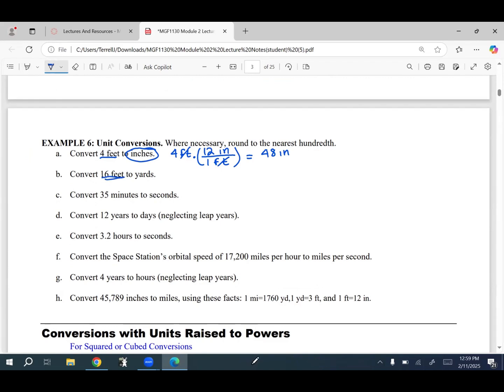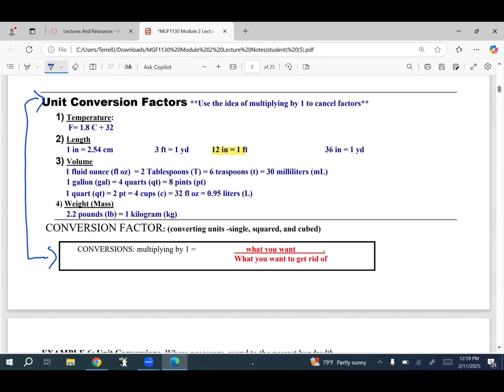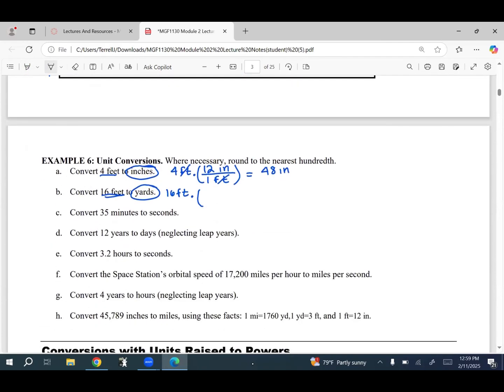Convert 16 feet to yards. So I start with what I'm given. I'm given 16 feet. And now let's look above for a conversion that has yards and feet. And that's right here. 1 yard is 3 feet. Or you can look at it the other way, 3 feet is 1 yard. So when I try to write this, I want feet to go on the bottom so they can cancel.